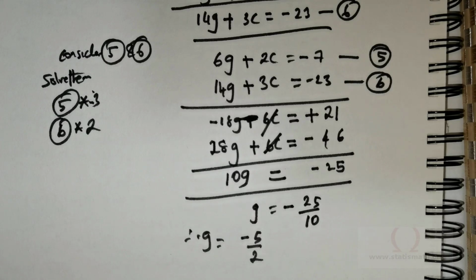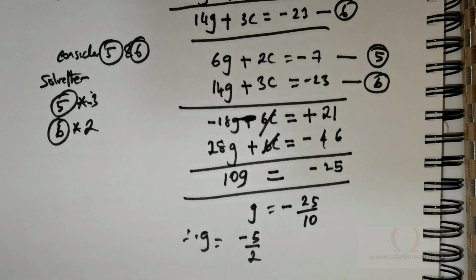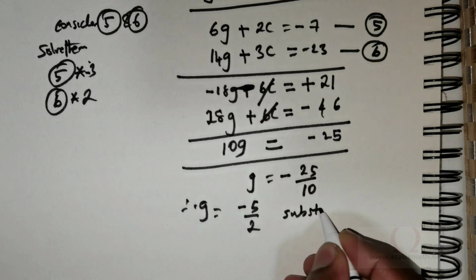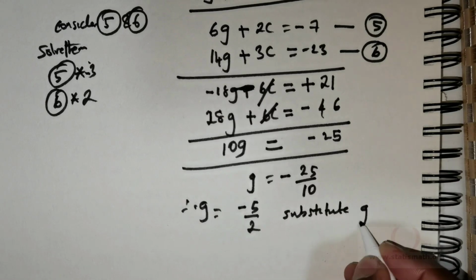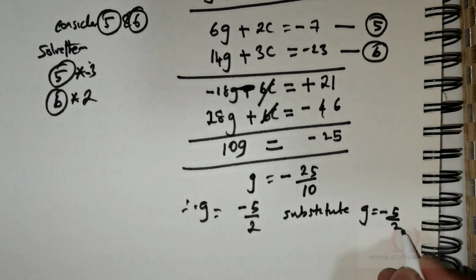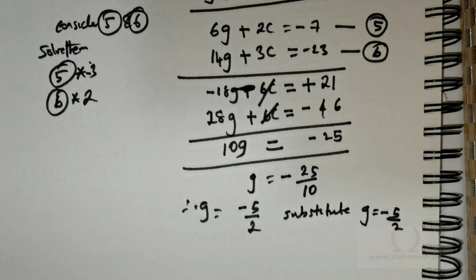This is my g. So to get my f, substitute g is equal to negative 5 over 2 in one of these systems that we have got. So in fact, the best way to do it is to first obtain the value of c.